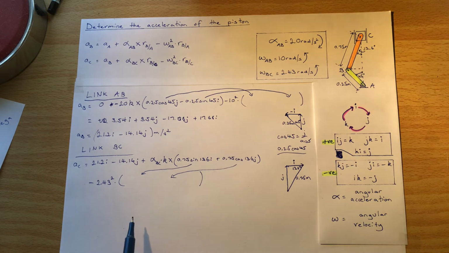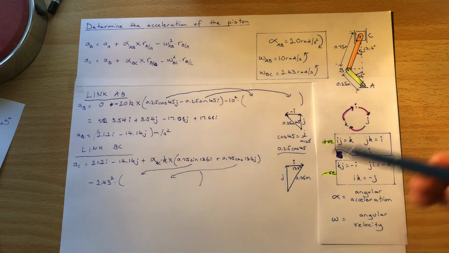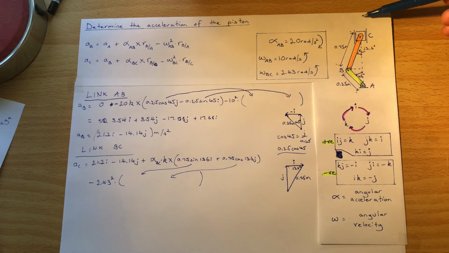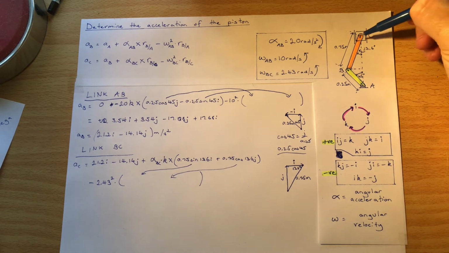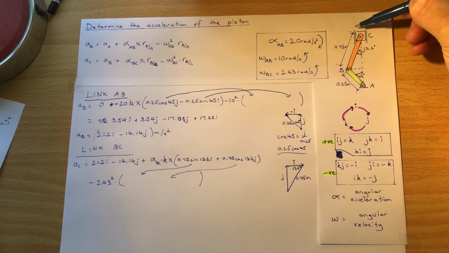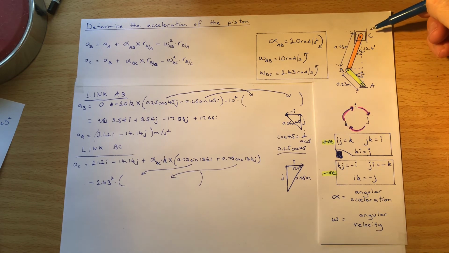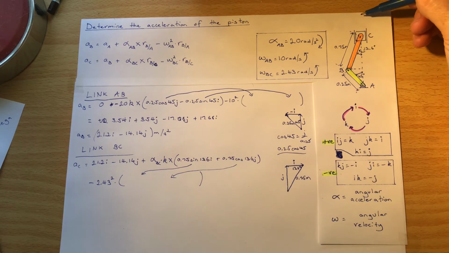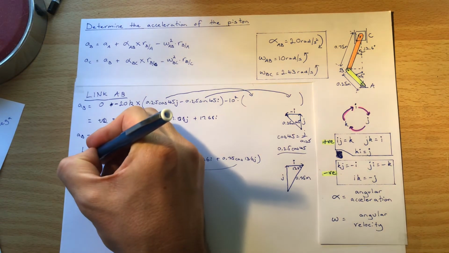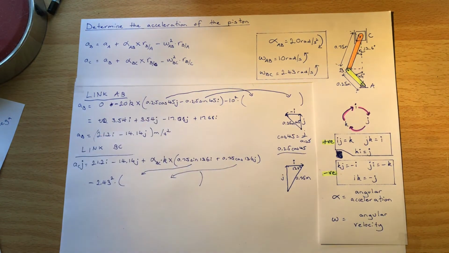So once we have that and we add all these together, one other important point to notice here is the acceleration at C is purely in the j component direction. It cannot move horizontally in the i because it's jammed in the cylinder basically. It's inside the cylinder. It's only moving in the j direction.